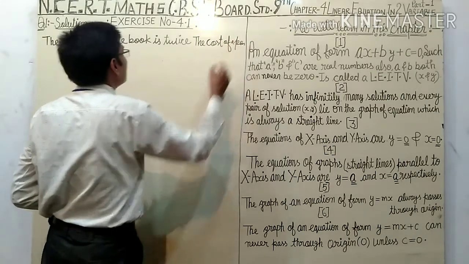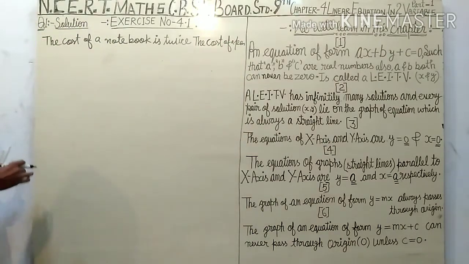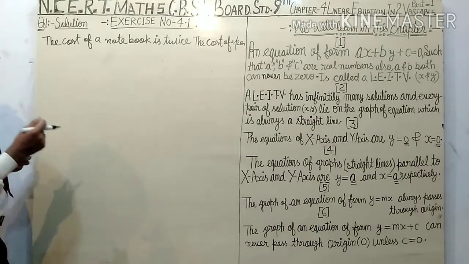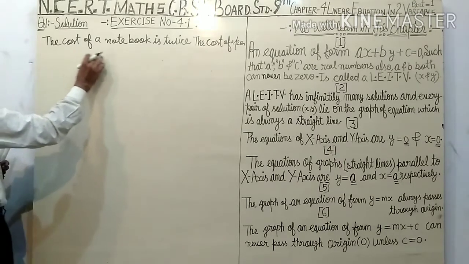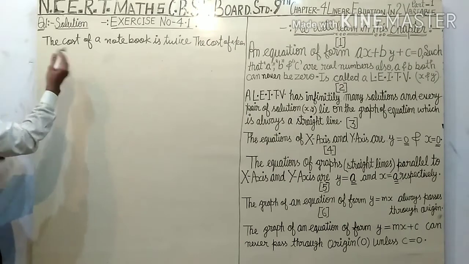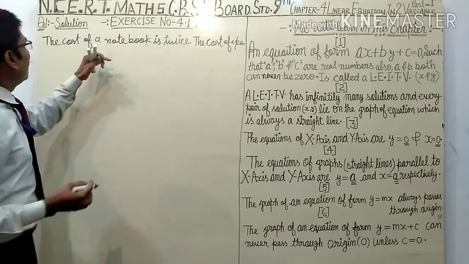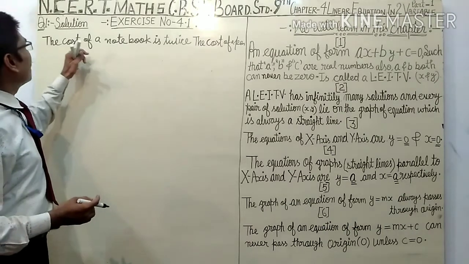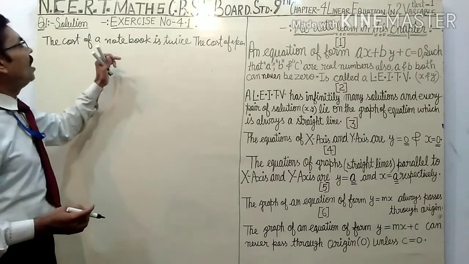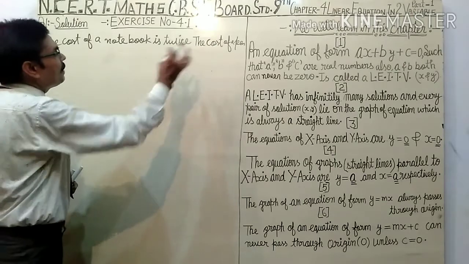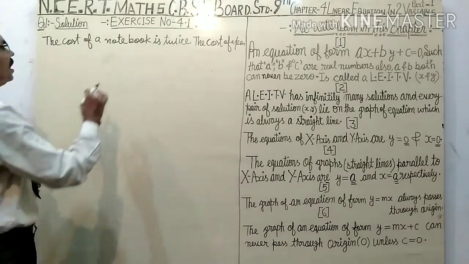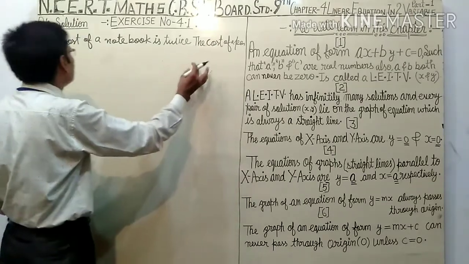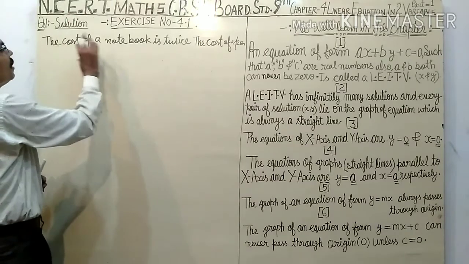Students, you can choose x for the cost of anything: either the cost of a notebook be x, then the cost of a pen be y, or if the cost of a pen be x, then the cost of a notebook is y.